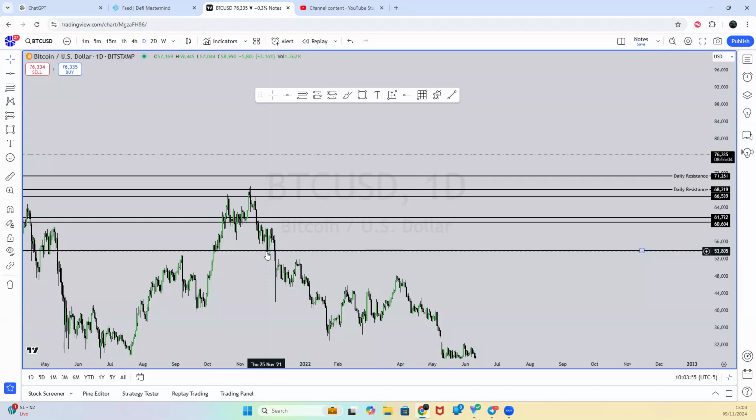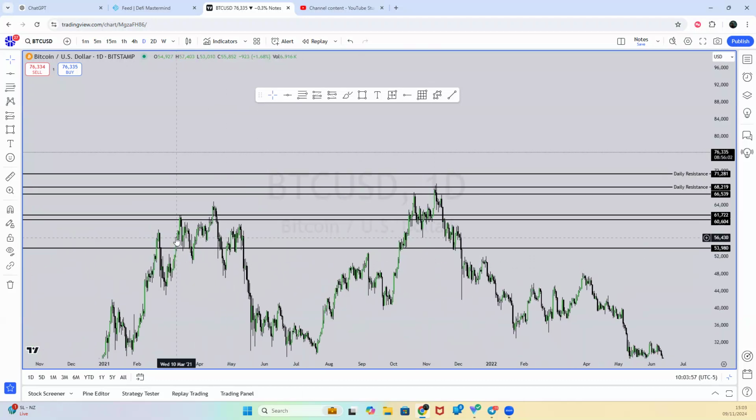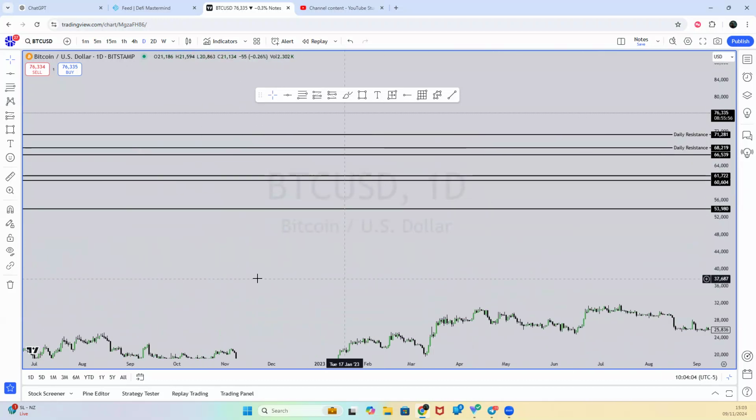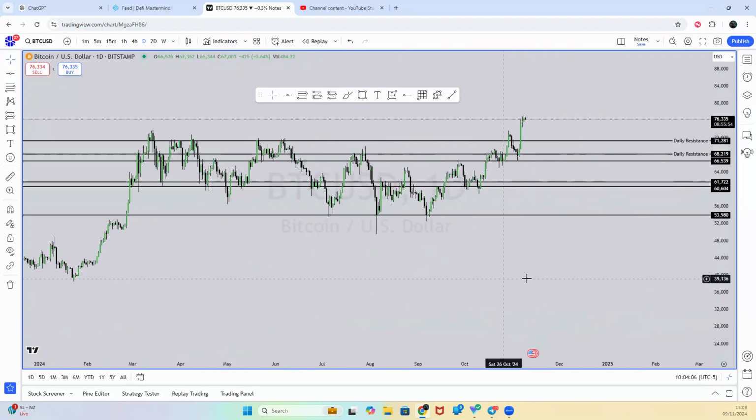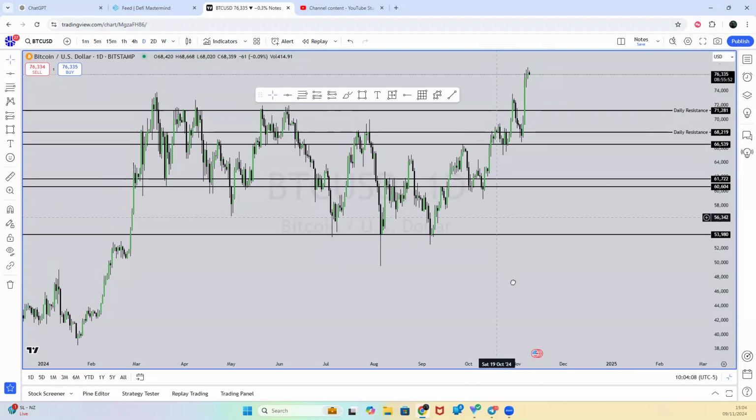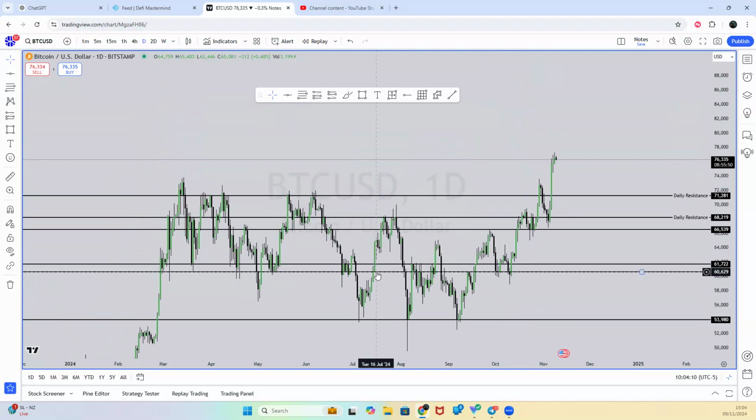So it was a support level back here. It acted as support here, with a bit of consolidation around that level. So the market has a memory, and it will often revisit these levels several times.